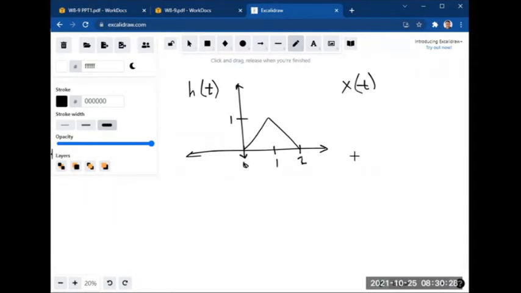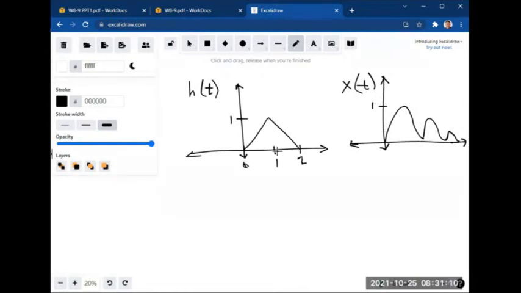Our input signal is not a single pulse, but is a continuous signal like this. So this will be our input signal. It has a height of 1 so that our representation will not be that difficult.